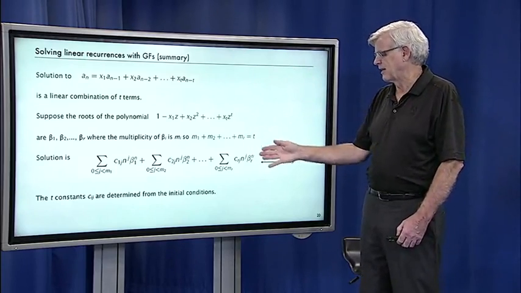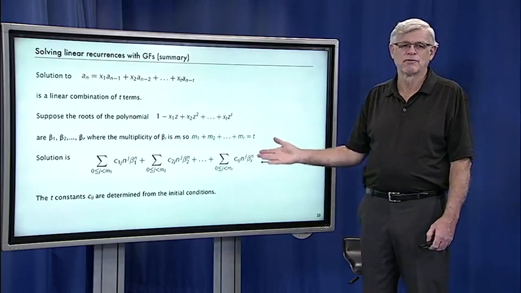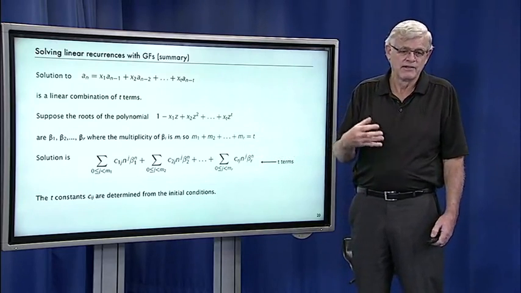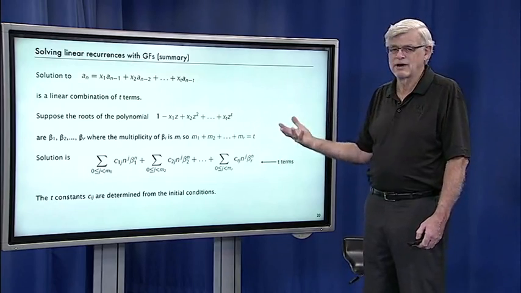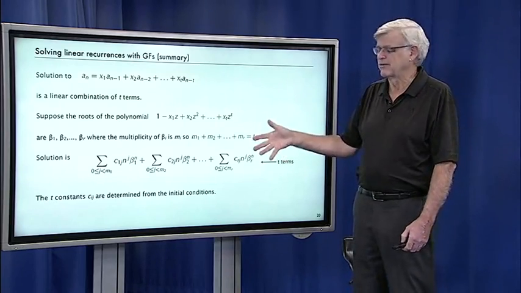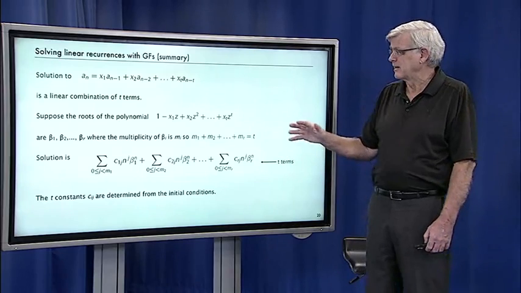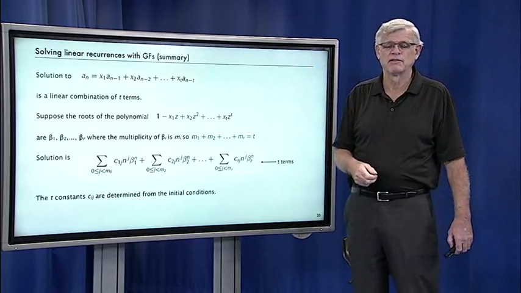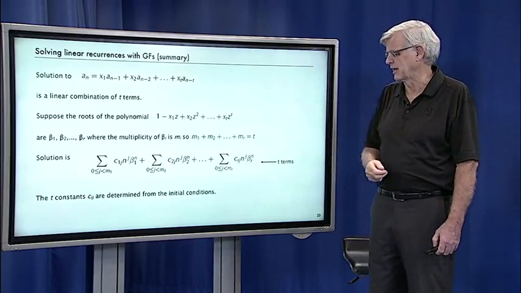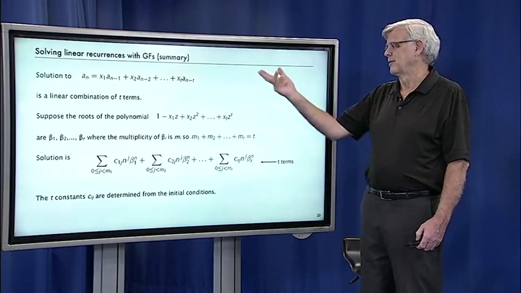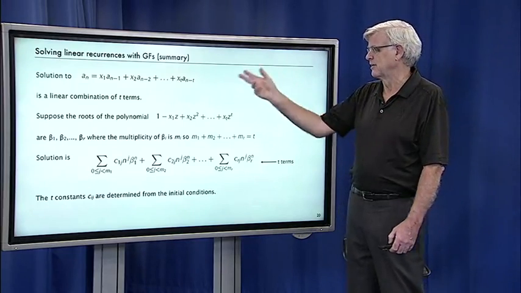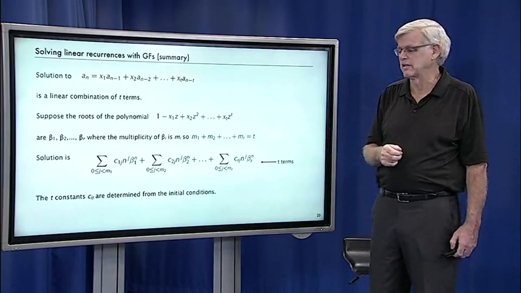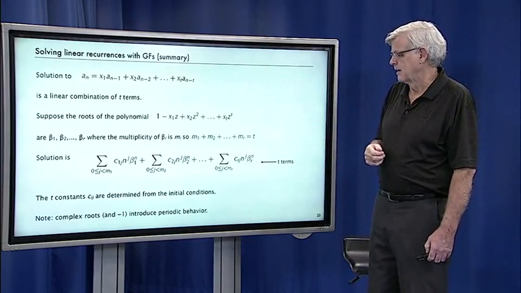And the constants involved can always be determined from the initial conditions, and that's using partial fractions and solving simultaneous equations. And again, this is all automatic, and people have implemented this process in symbolic algebra systems. So actually nowadays you can type in recurrences and get the solution.